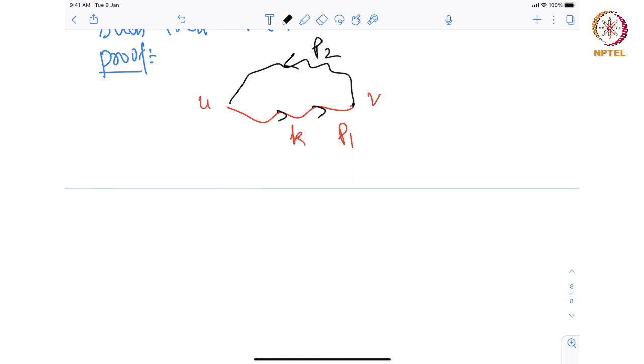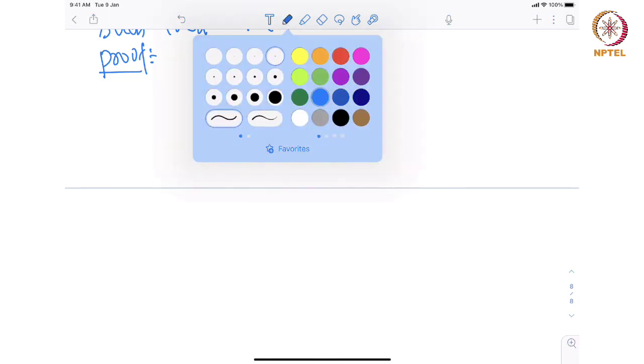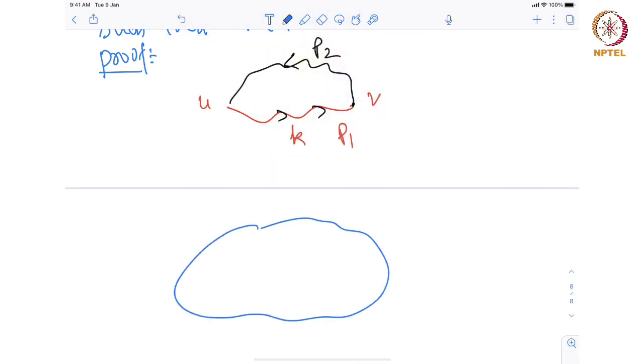The proof is very simple. You pick up a cycle. So, this is your C. Pick up the first k vertices.